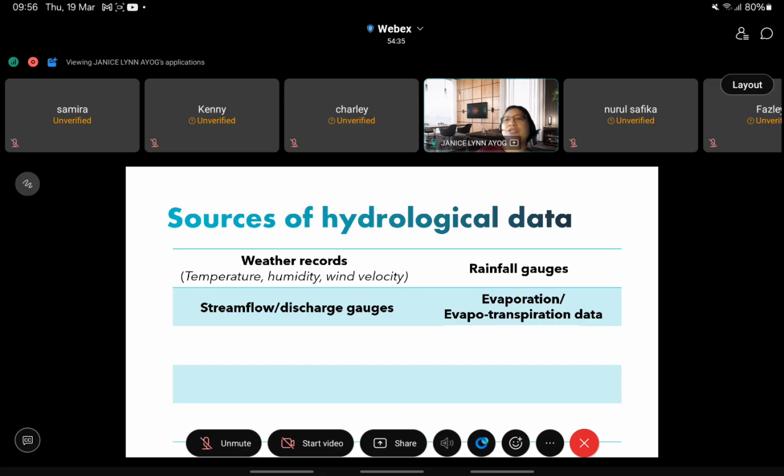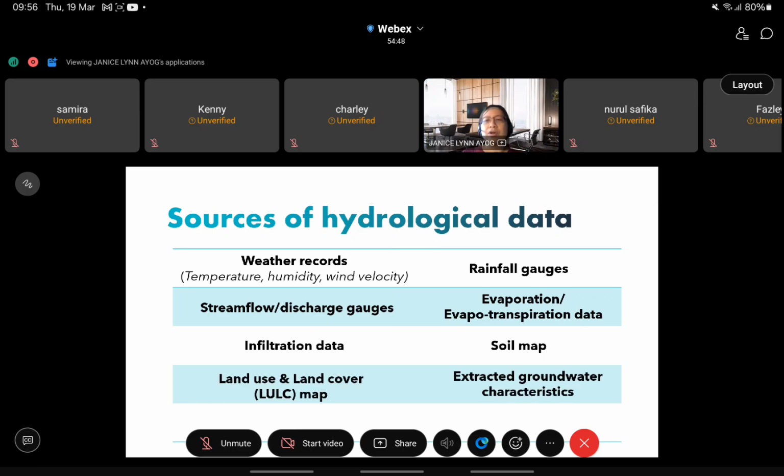Evaporation and evapotranspiration data. Infiltration data, soil map, land use and land cover, groundwater characteristics, physical and geological data, and water quality data. Those are some examples of hydrological data.